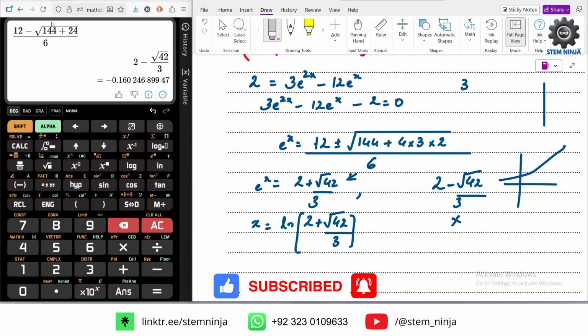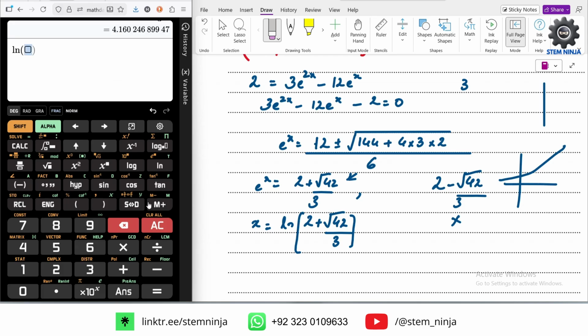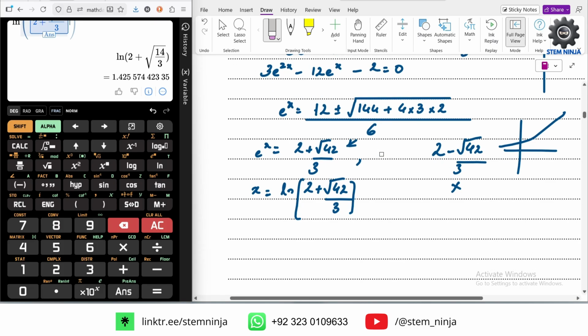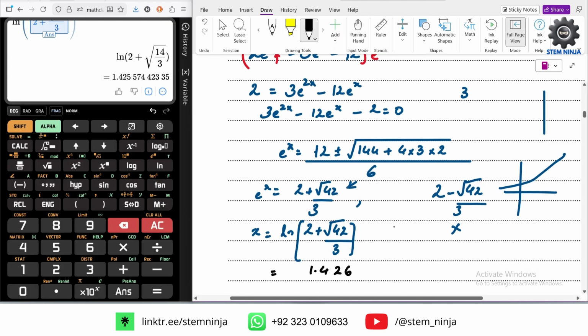Just this. Okay. Yeah, we got this. So how many decimal places? 3 decimal places. So 1.426. Right, and that's the first question.